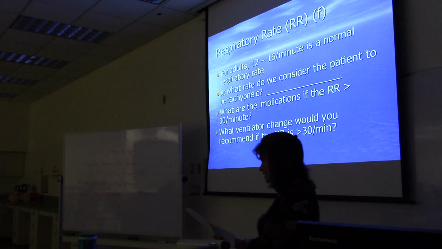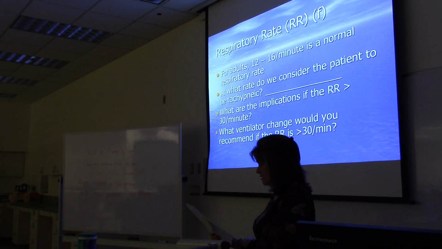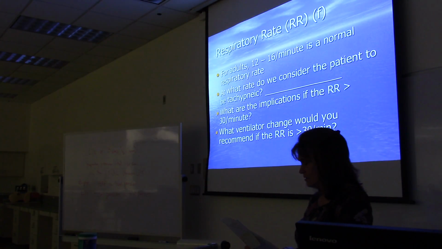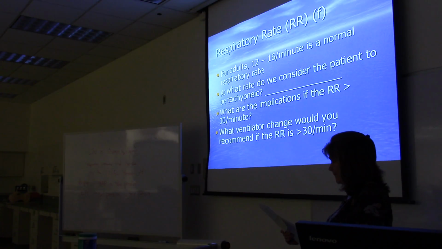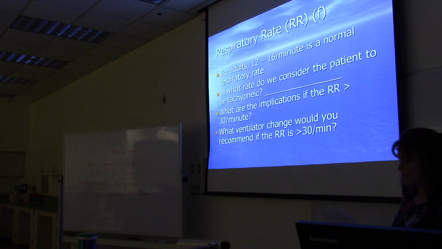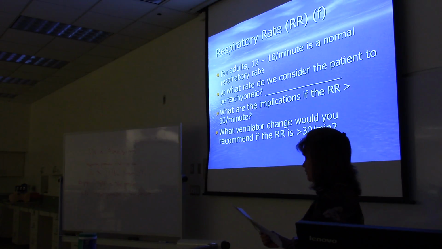I have several things written down here. One, respiratory distress. They may be, and then we're going to write down all the possibilities of why a patient would breathe 30 times a minute.